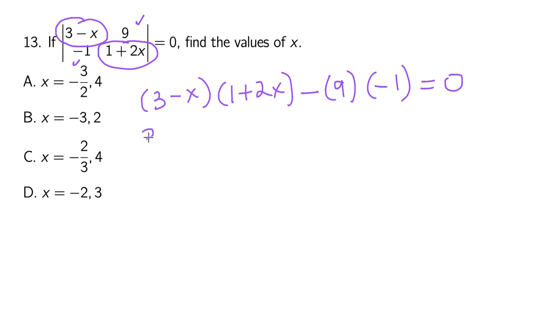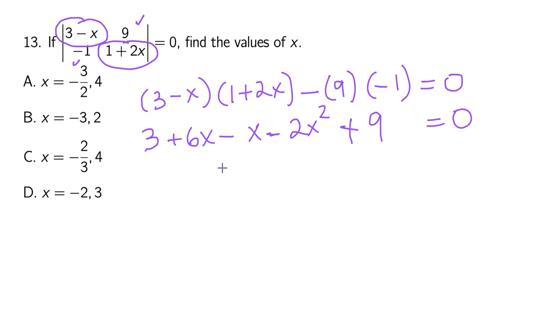We get 3 plus 6x minus x minus 2x squared. And then we have 9 times minus 1 is minus 9, but we have minus here, so that becomes plus. Then we have to simplify further.